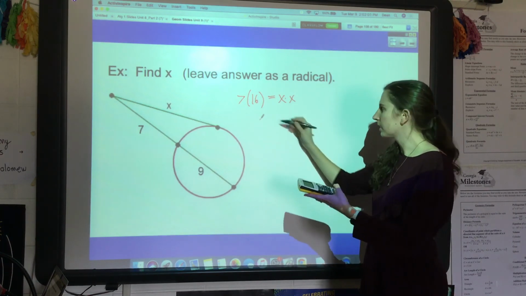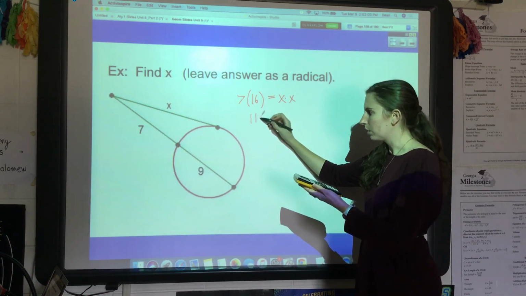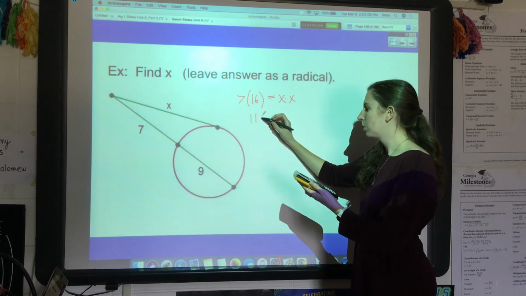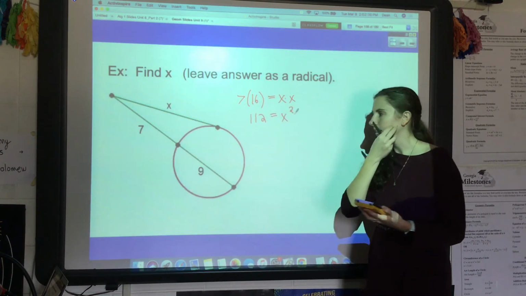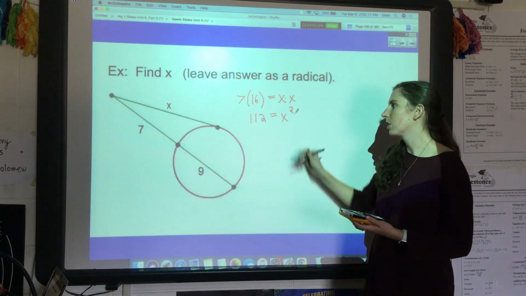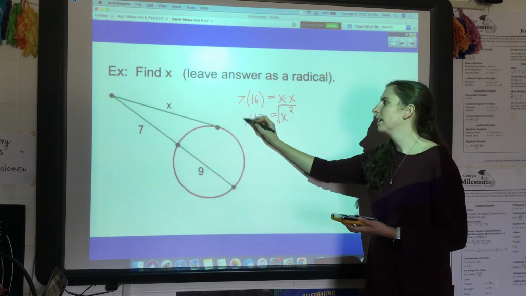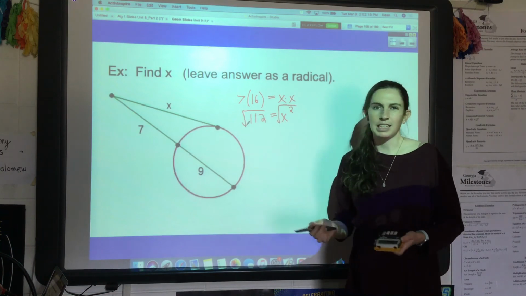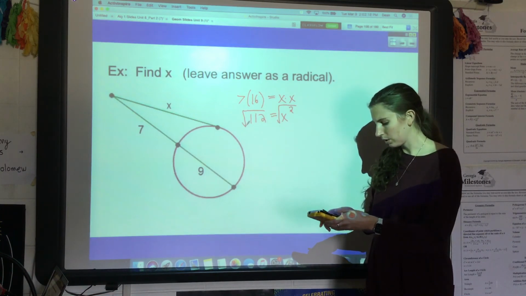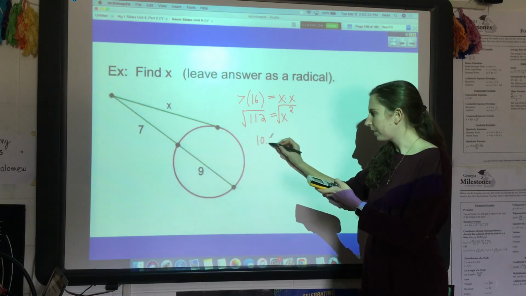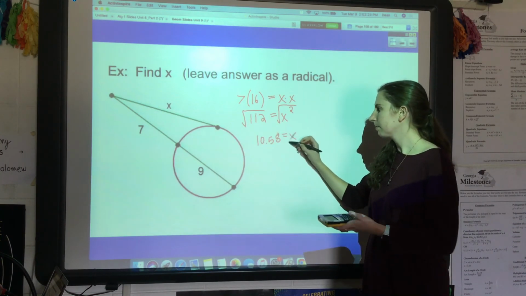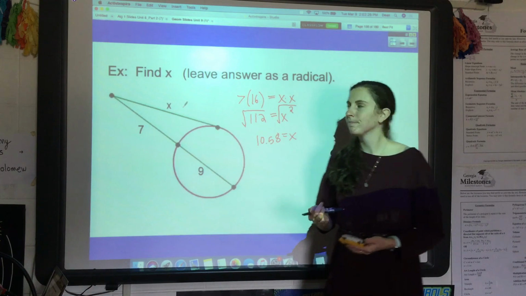And 7 times 16 is 112. Again, this is quadratic, but this one isn't that hard to solve. Just square root both sides. You don't need the negative version because the length can't be negative. So square root of 112, or if you want to get a decimal, it's about 10.58. That will be this right here.